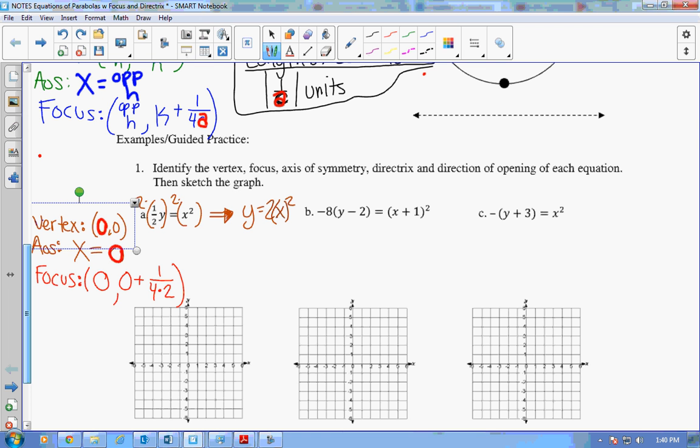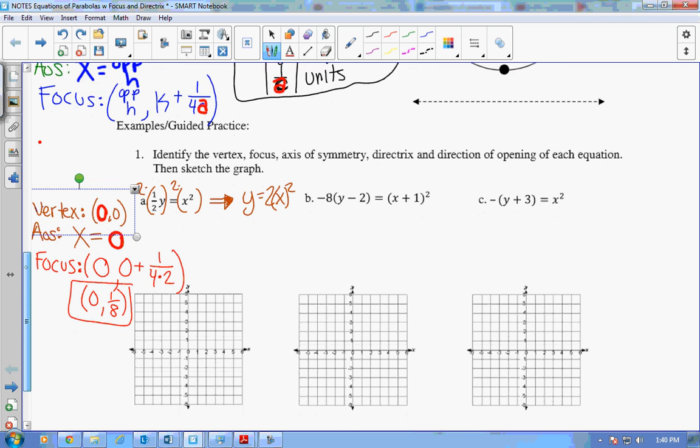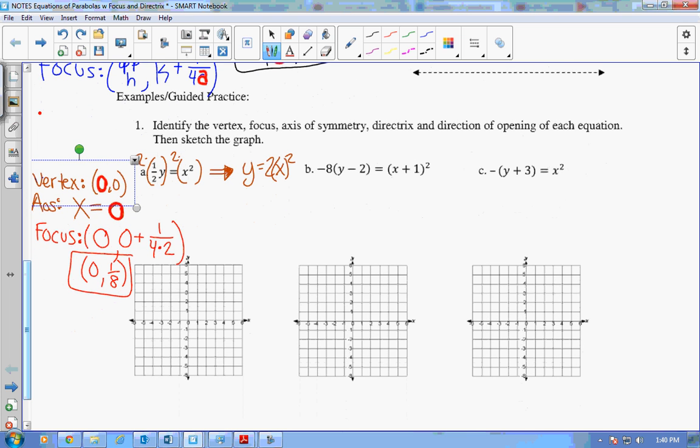Okay, so the focus ends up being the point 0, 1/8. Any questions? Vertex and axis of symmetry were reviewed, but focus is new. Basically, you just plug into the formula I gave you, and you're good.